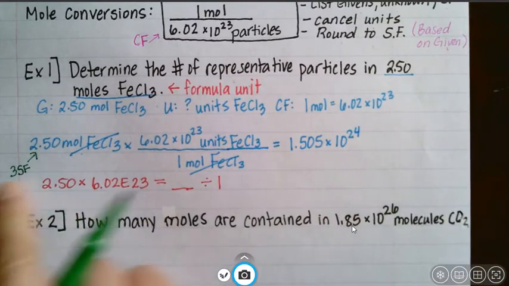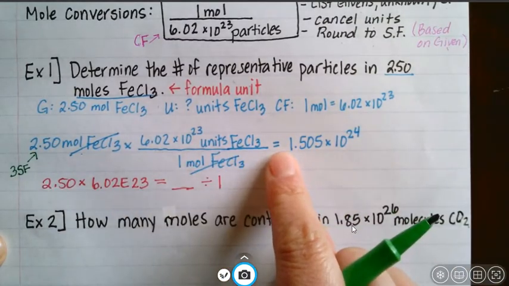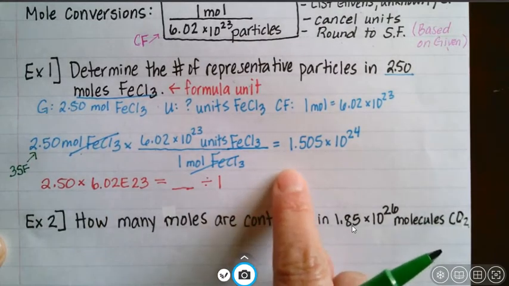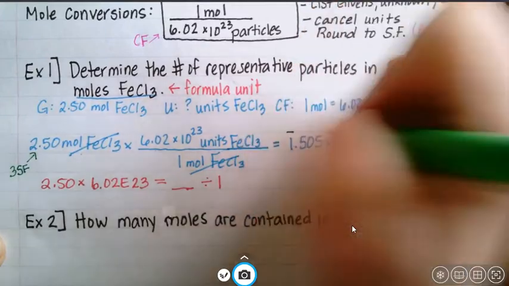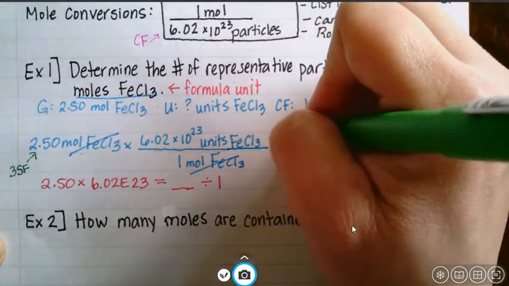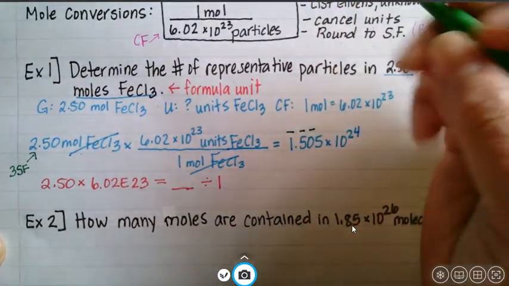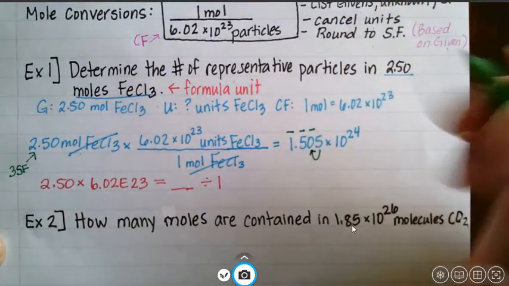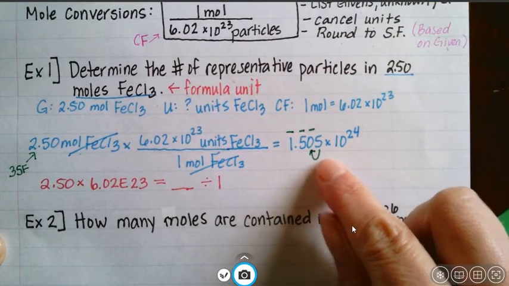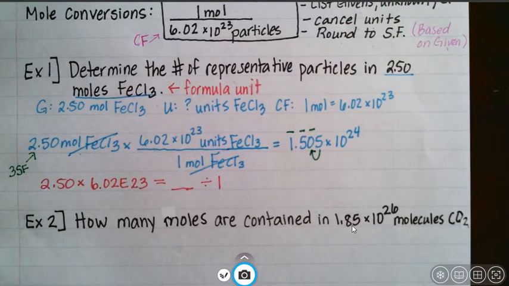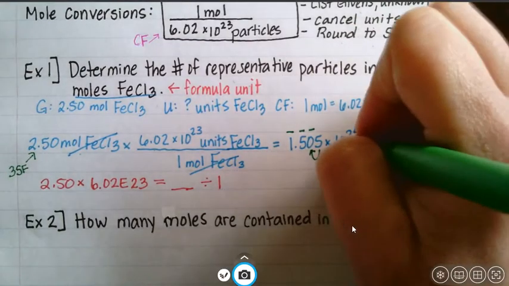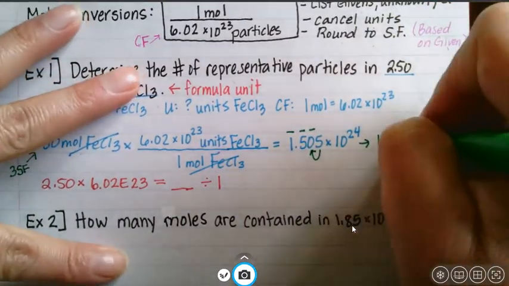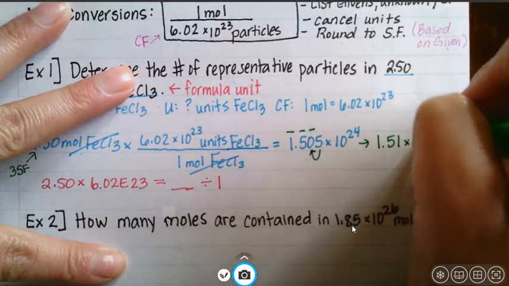So my answer needs to have 3 significant figures. Remember, when you round, you start counting at the first non-zero on the left. So that would be here. That's 1, 2, 3. Okay, and then I'm going to decide if the 5 can bump up the 0. We're just going with the rule that if it's 5 or greater, you bump it up. So this would be 1.51 times 10 to the 24.